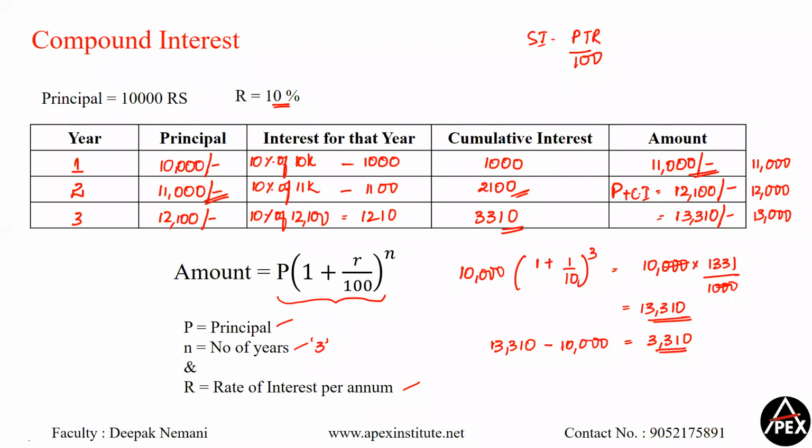To find the compound interest, you need to deduct principal from the amount. Clear? Here I have considered rate is 10%, so 10 by 100 is 1 by 10.